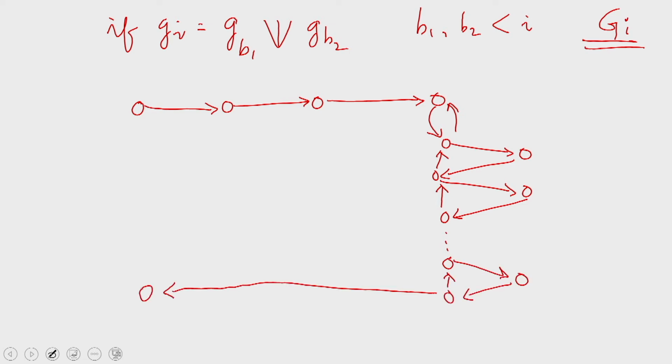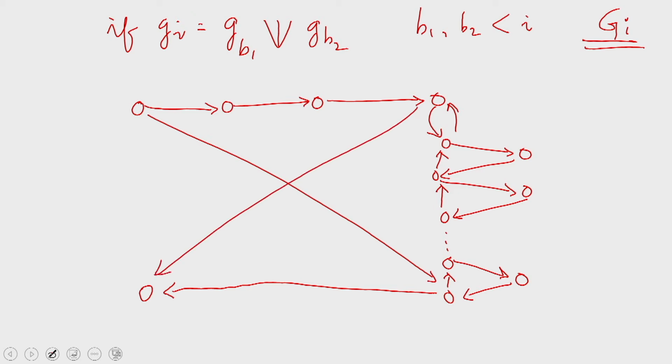So, exactly as in the input case, we have a connection to the exit vertex like this, but we shall also have edges of this form. Now let me label the vertices.